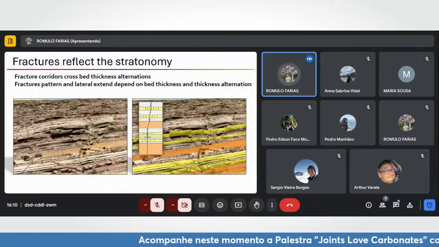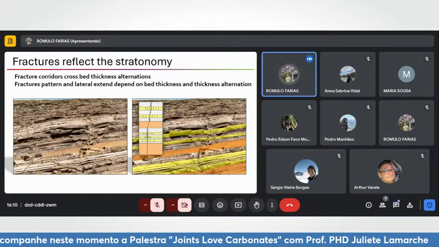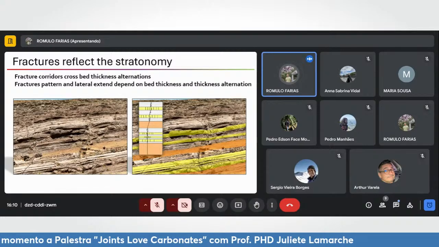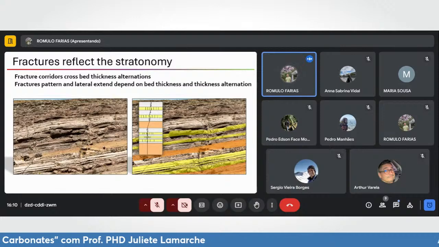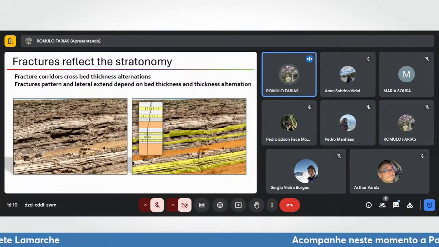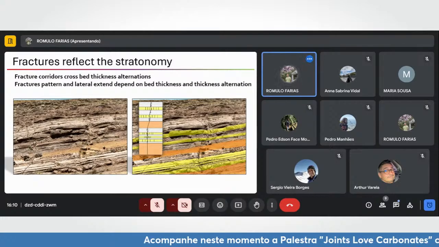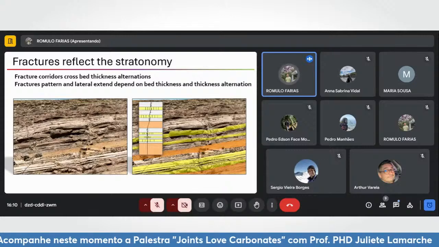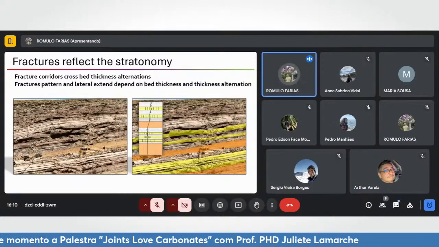Here, for instance, it's a coarse sandstone, and you have thick beds here, and this is thinner, almost shaly. In thick beds, the fractures are more spaced than in a thin bed, and the area of the corridor is wider.